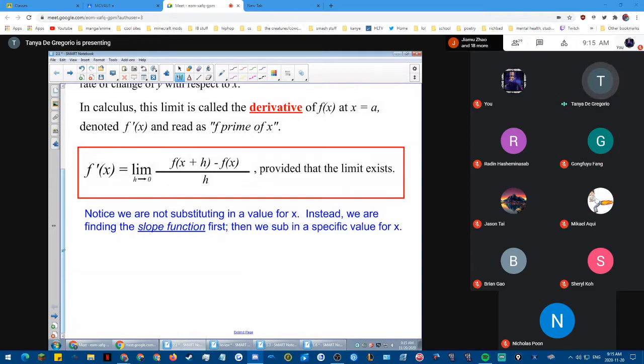You can find the slope at any point given the slope function. So you have this slope function, and then you want to know what the slope is when x is equal to 1, so you sub in x equals 1. And if you want to find the slope when x is equal to 100, you sub in x equals 100. So the slope function is the slope of the function in general, and then if you want to know what it is at a specific point, you sub it in. Whereas when you were finding the slope of the tangent, you were finding it at a specific point.